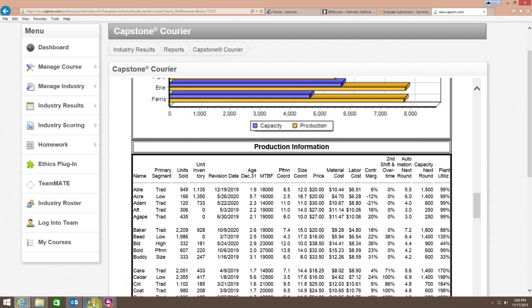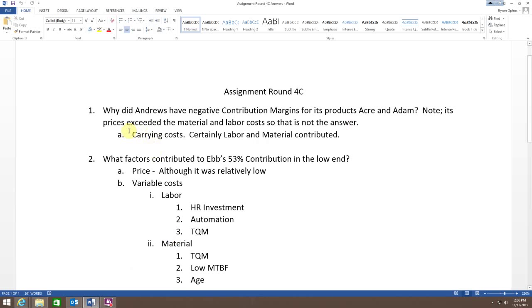I looked ahead a little bit, and some of you got that. Labor and material costs were a little higher, but not much higher than other teams, and I'd already excluded those. So certainly carrying costs would be the answer, right?